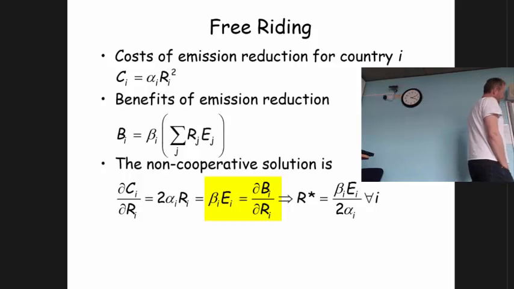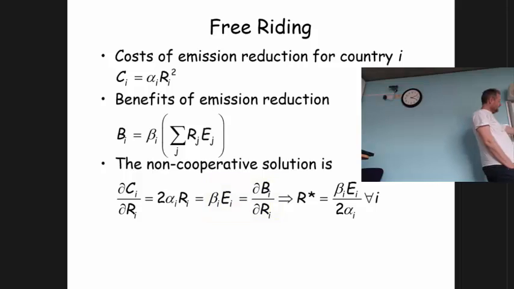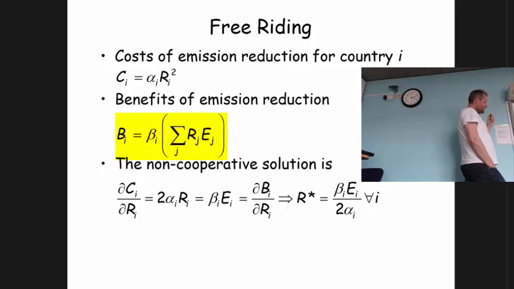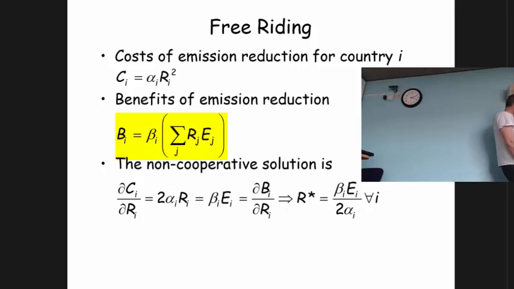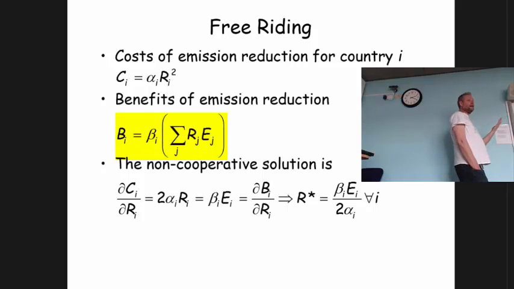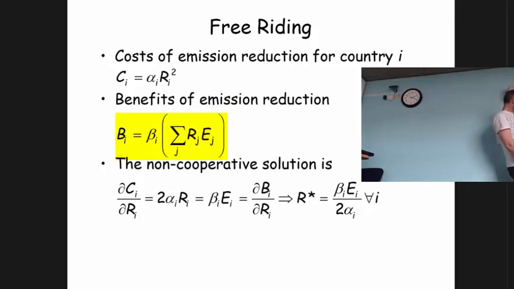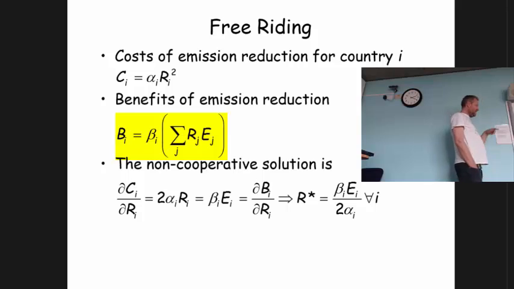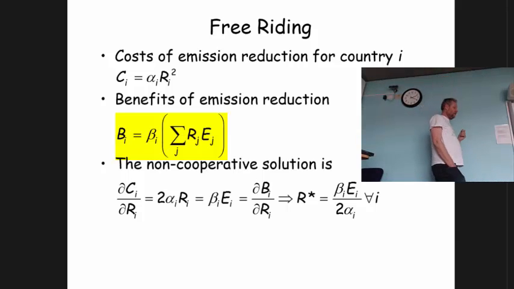Obviously, you have your beta pop up there, and then what you need to do is take the first partial derivative of this term with respect to emission reductions R_i. They are 0 everywhere, apart from your own country. The first partial derivative of R_j with respect to R_i is 0, except when j is i, and then it's 1.